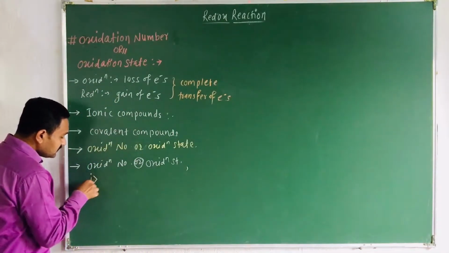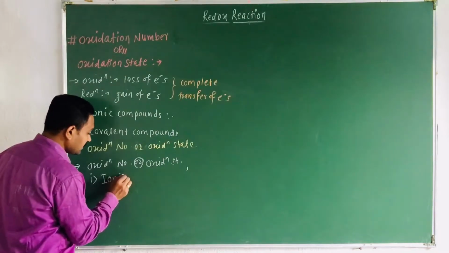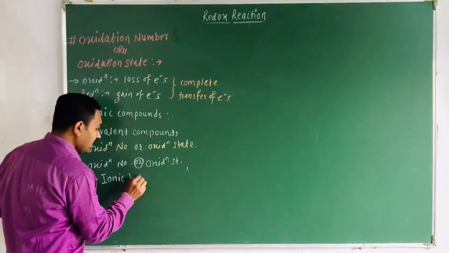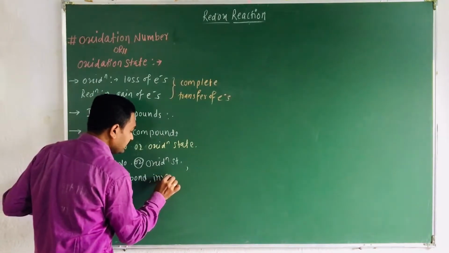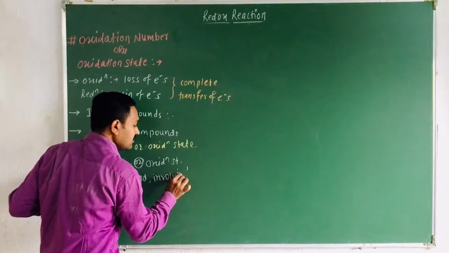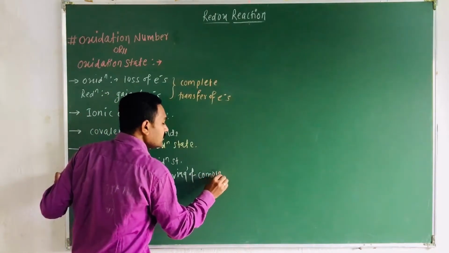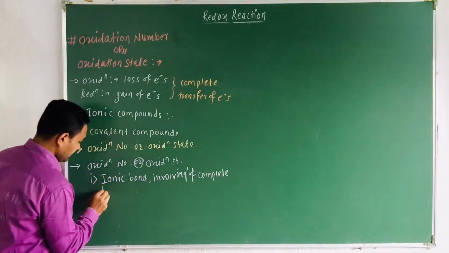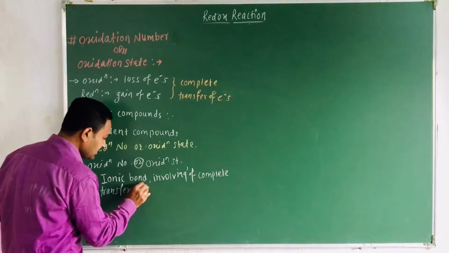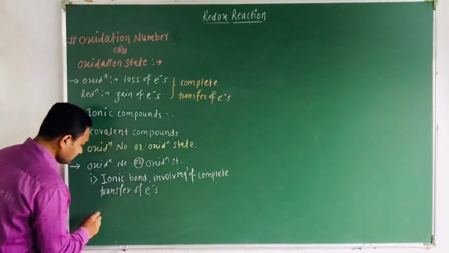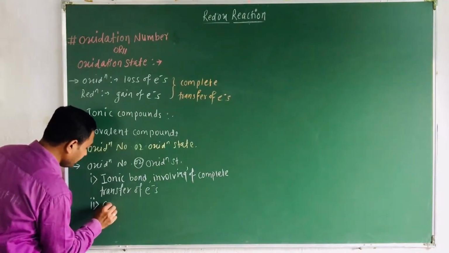The reactions which involve an ionic bond, and we know that in an ionic bond there is always a complete transfer of electrons, as well as reactions which involve the covalent bond.